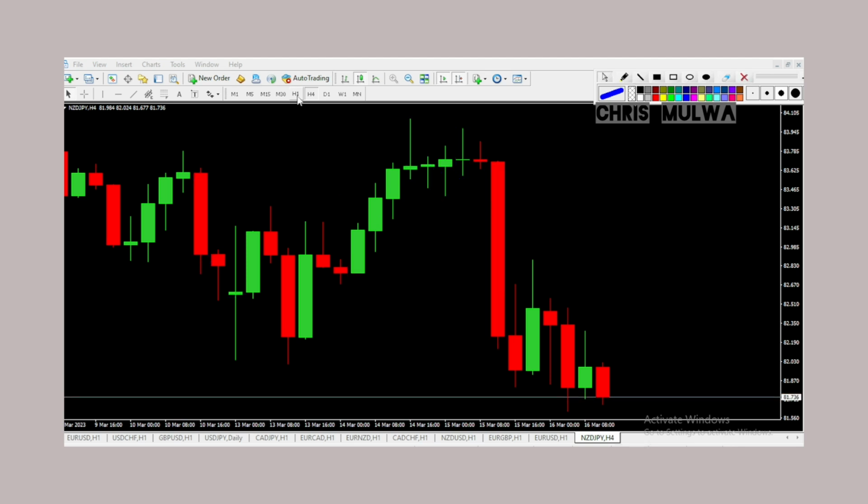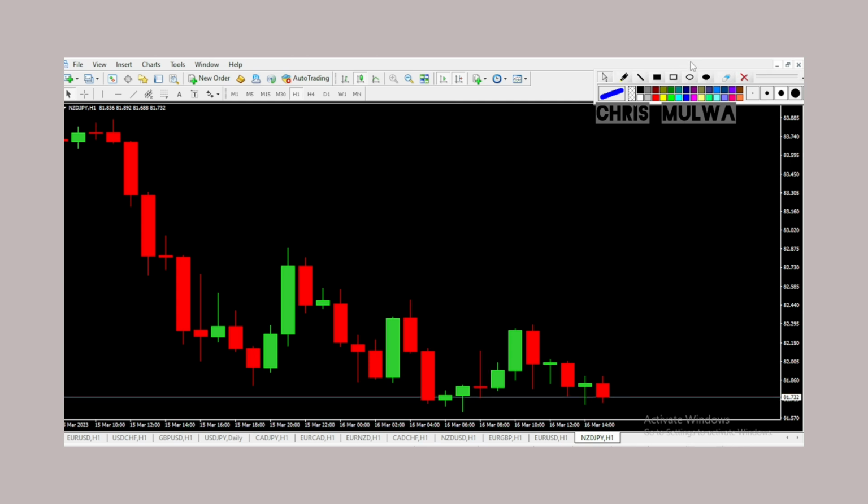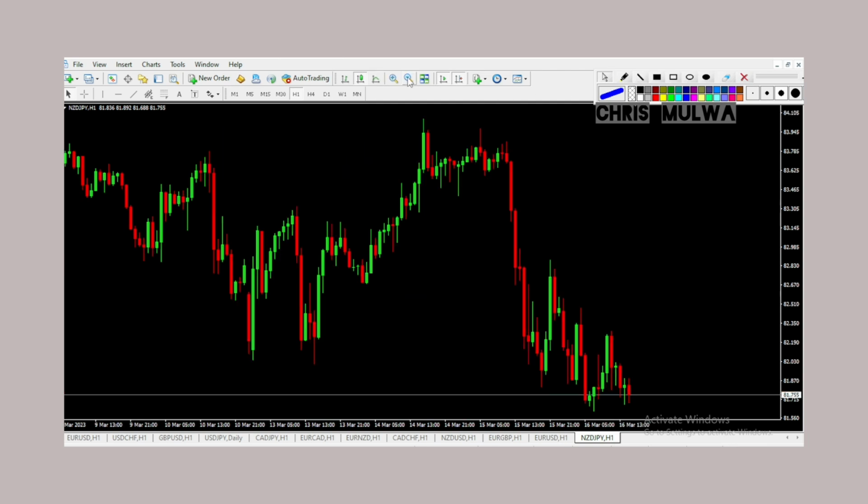When you go to the hourly chart, that's why you are seeing that the candles are different. If you check the hourly and the 4 hours, the candles are different. That is the movement, the patterns, or the scale. Let me call it scale.